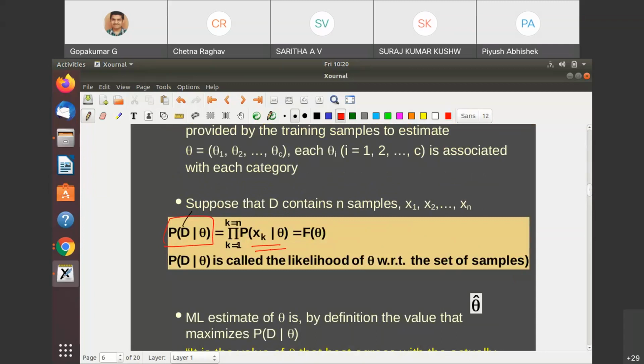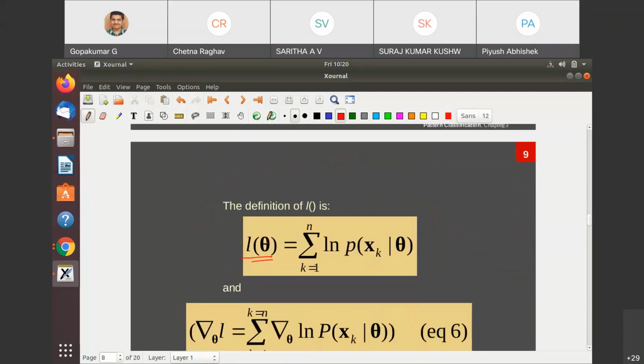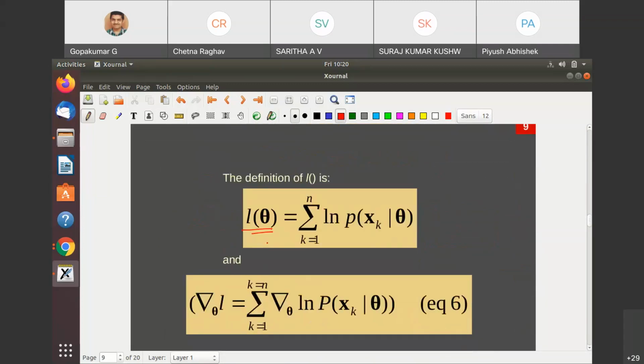So we have considered this equation, the product, and we substitute that here. In the log likelihood function, that product will change to a summation, and we are taking the logarithm of the probability of x k given theta.